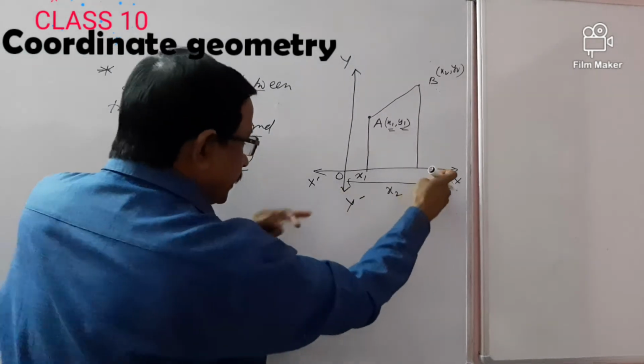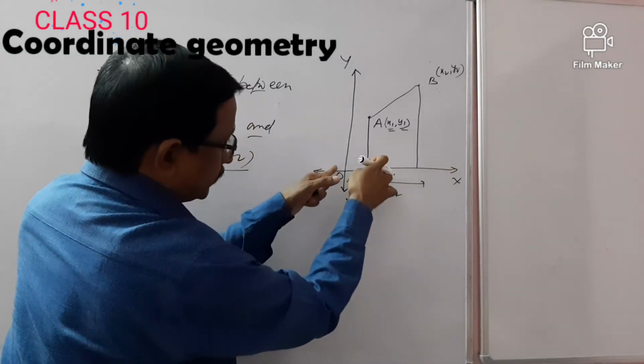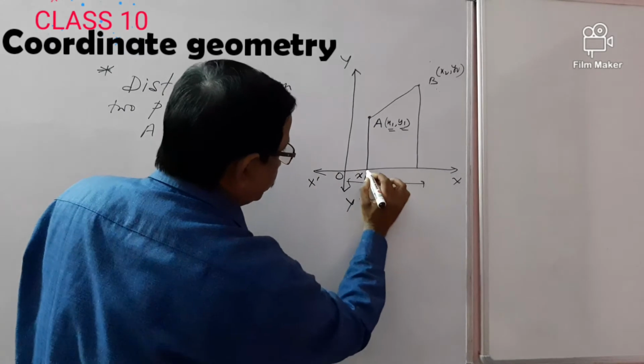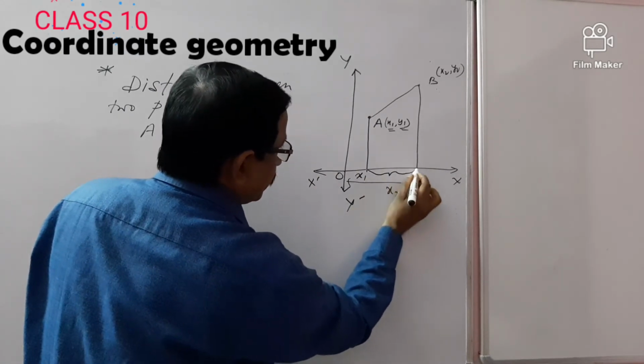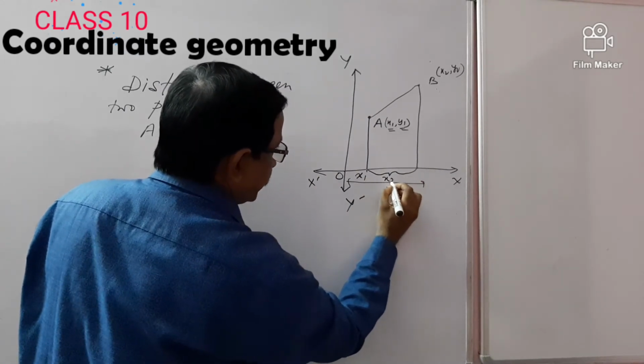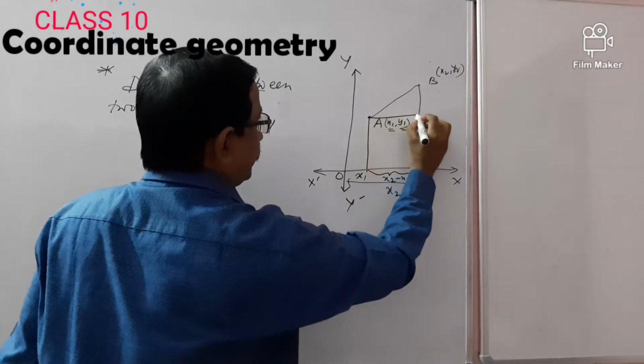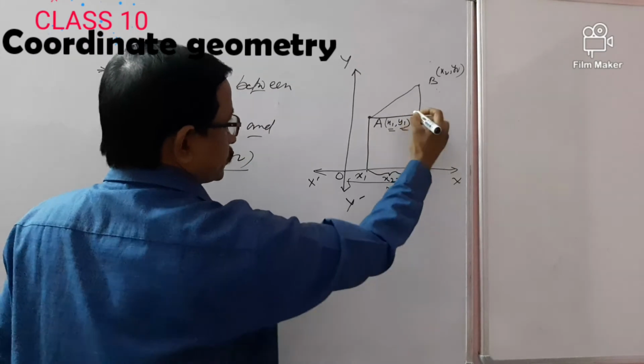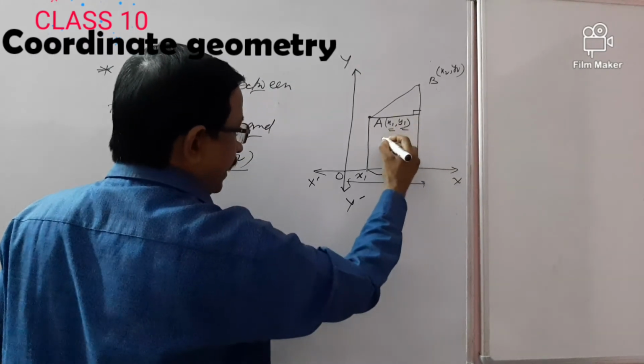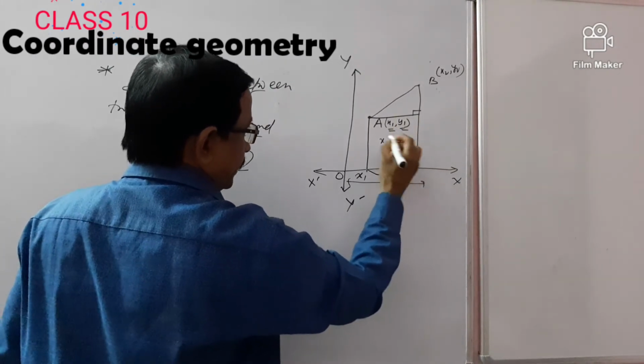Now this much is x2 and this one is x1. So what is the measure of this one? Of course, this measurement is x2 minus x1. If you draw another perpendicular line, we have the same length x2 minus x1.